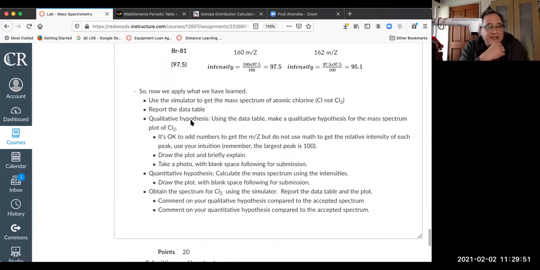Use the simulator to get the mass spectrum of atomic chlorine. So Cl, not Cl2. Report the data table, and then make a guess as to what the spectrum will look like. And then calculate the spectrum. And then look it up and see how you did. So let's do the first part.